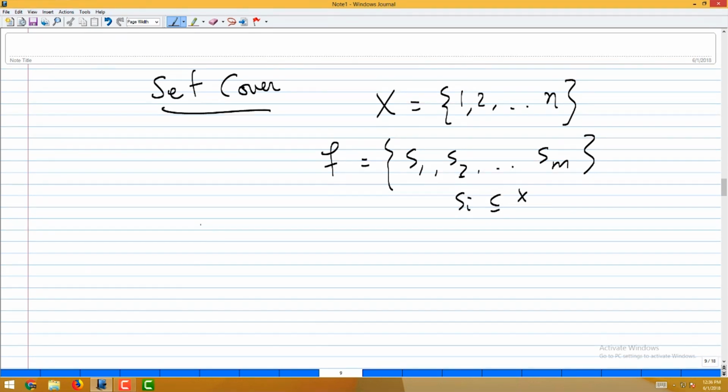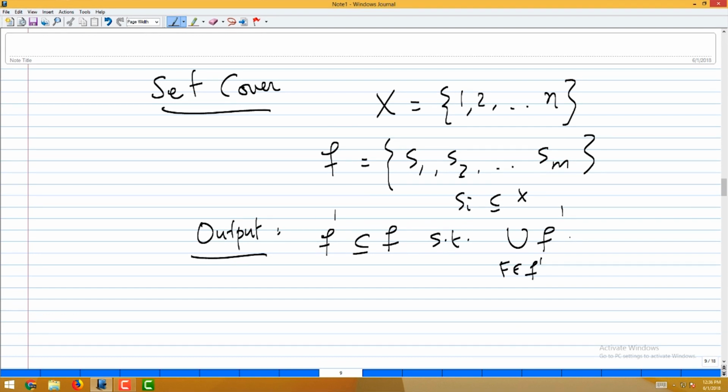This is my input, and the output I am interested in is a subfamily of my family. So, a collection of some small number of sets such that the union over F in F prime is my entire universe set.